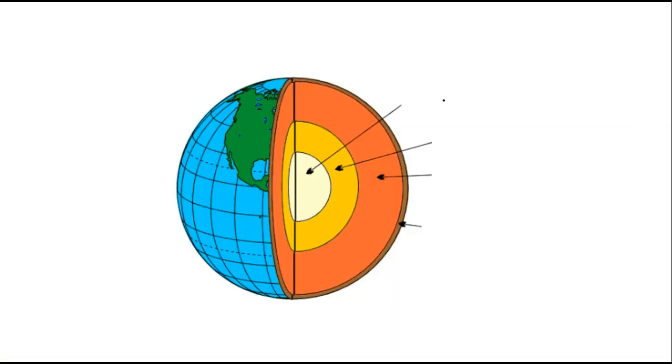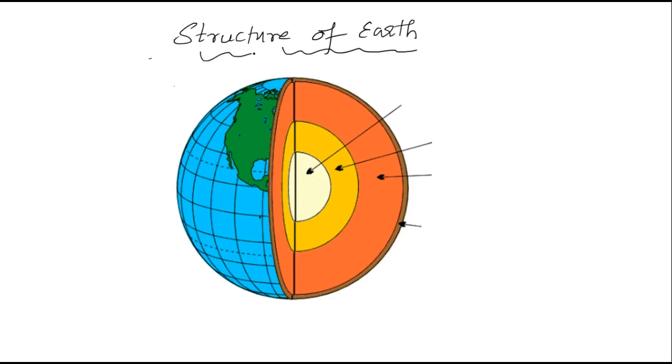To understand how an earthquake occurs, we need to recall what we have learnt in class 6th as well as class 7th, that is about the structure of earth. We have already studied this in previous classes, so we shall just recall these contents.